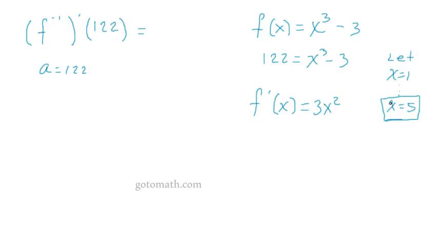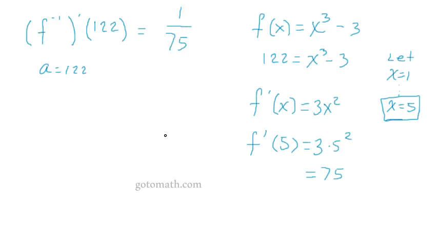Remember, this was b, and b is equal to 5. So I'm just going to go ahead and do this. 3 times 5 squared, so that's 25 times 3, which is 75. Is that right? Okay. And so this guy right here is going to be equal to 1 over 75.